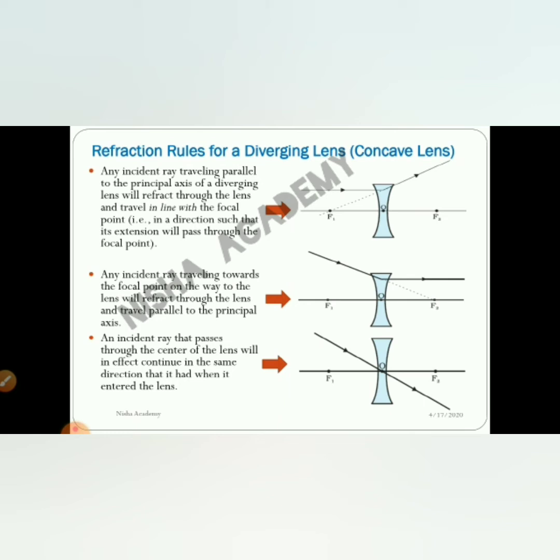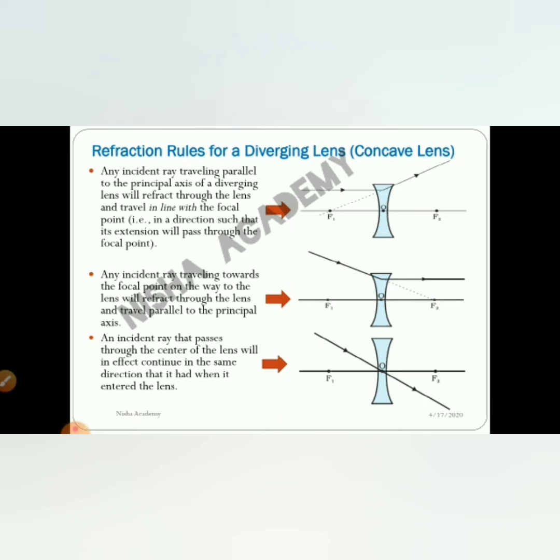In the second figure, you can see that the incident ray is directed towards the focal point f2 on the other side, but in between there is a lens. So when the incident ray traveling toward the focal point meets the lens, it will refract through the lens, and after refraction it travels parallel to the principal axis.